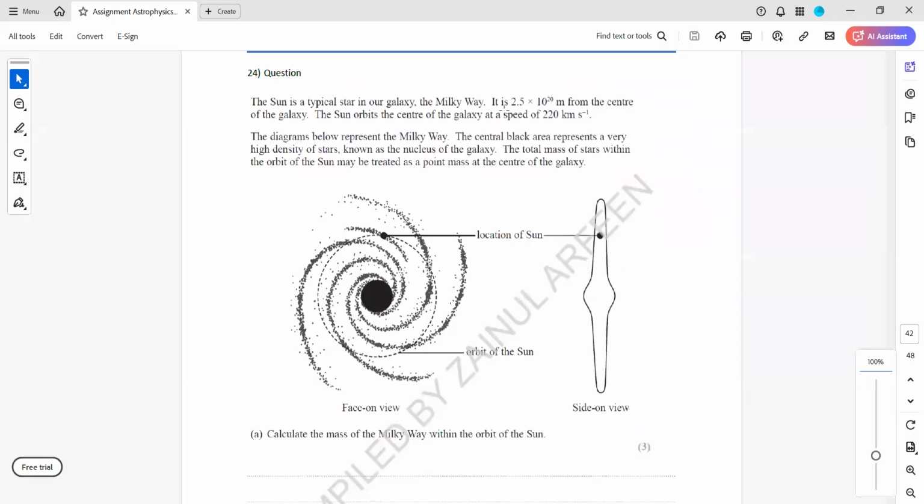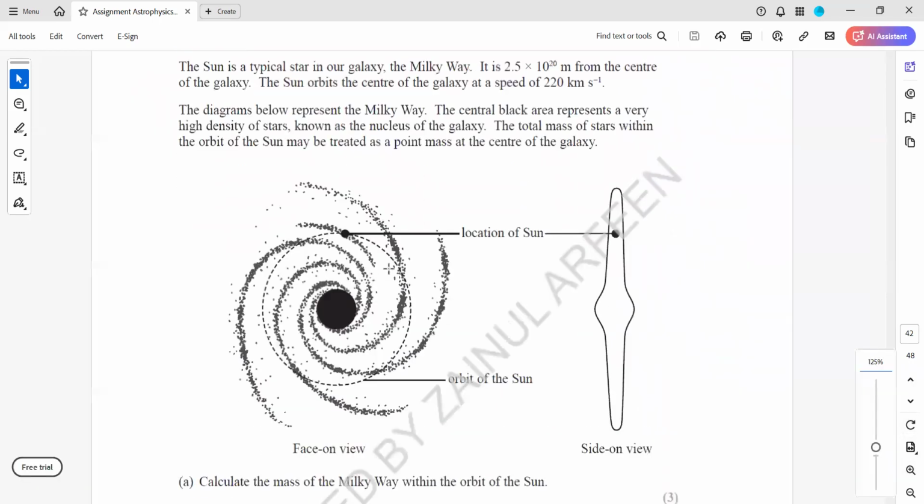The Milky Way galaxy, the sun is 2.5 exponent 20 meters from the center, and the sun orbits the center with a speed of 220 kilometers per second. So the sun is also moving relative to the center. The speed is 220 kilometers per second, and the distance is 2.5 exponent 20.